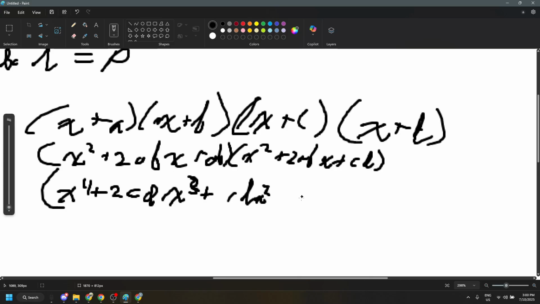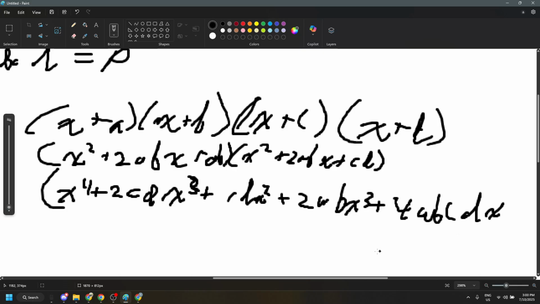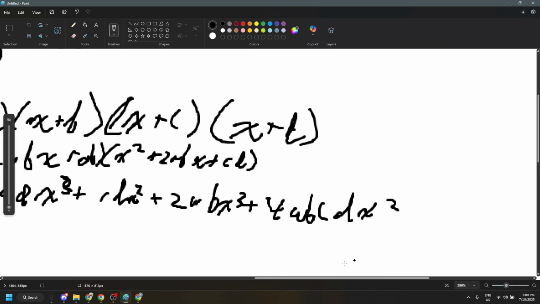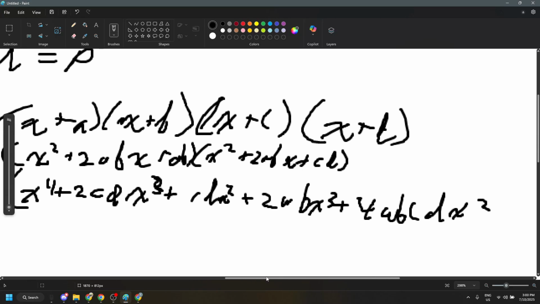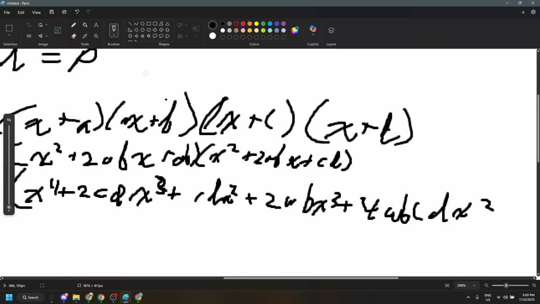Then we'll move on to this, plus 2abx cubed plus, oh shoot, abcd x squared, right? This is cd, doesn't look like cd.